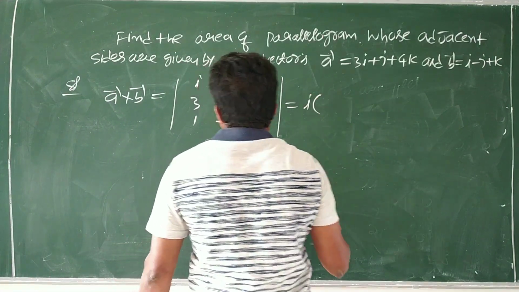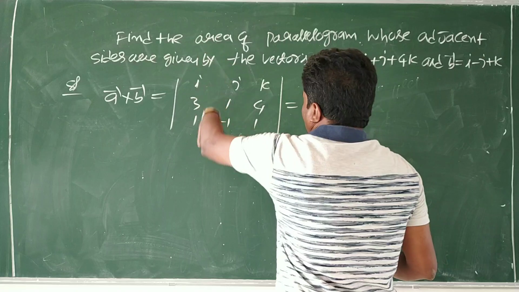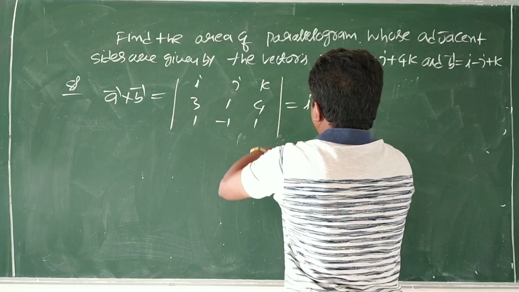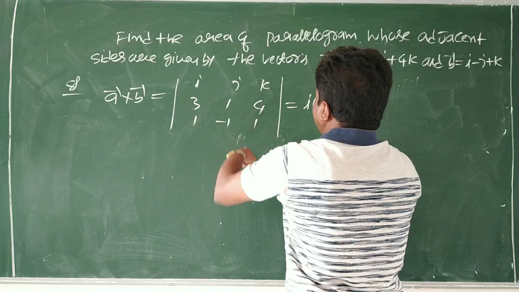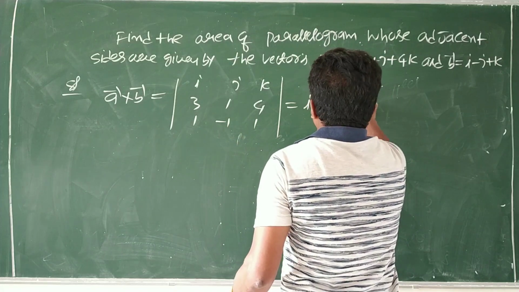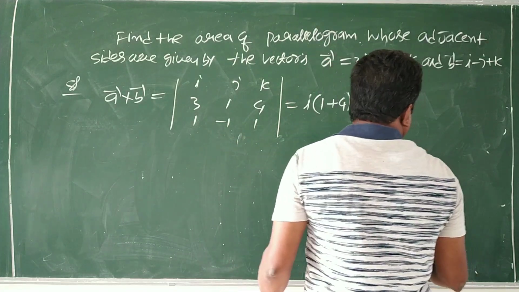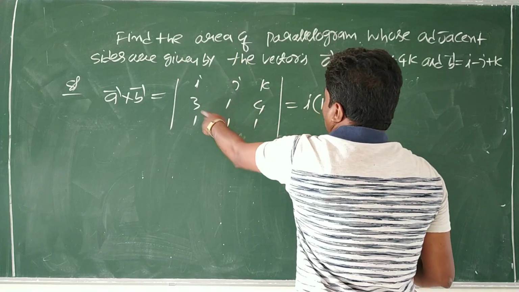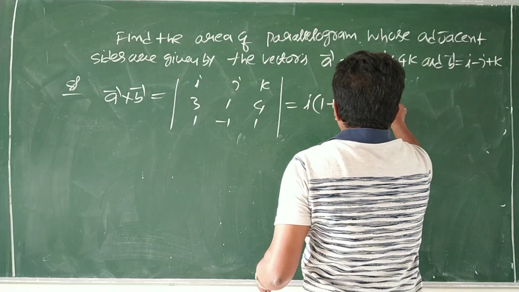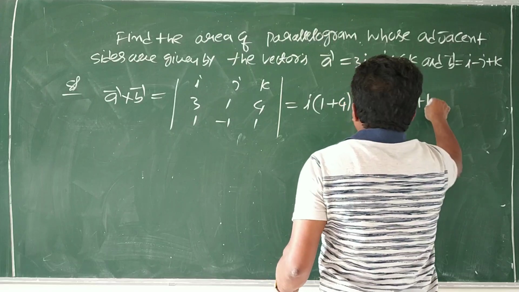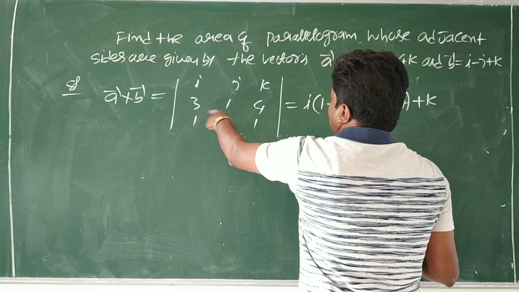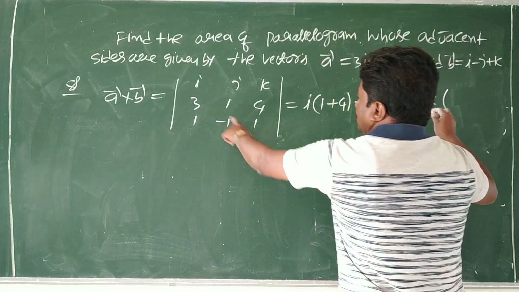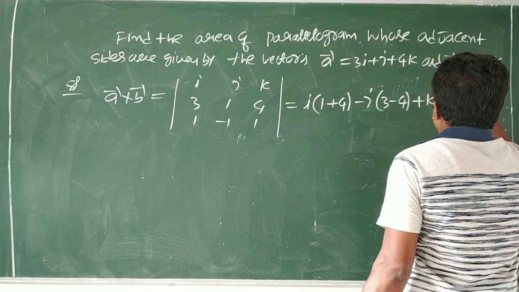Expand it. i into row column, 1 ones are 1, minus of minus plus 4. Minus j into column row, 3 minus 4. Plus k into minus 3 minus 1.